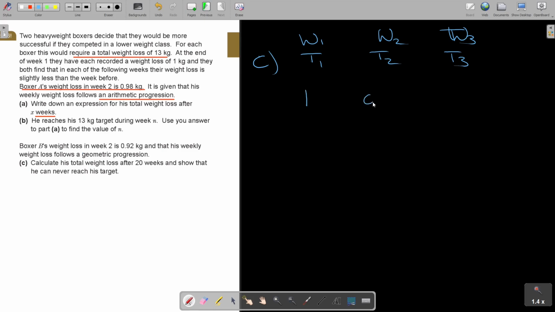So then it's 0.92, and it's a geometric progression. So if it's geometric, I know to get that value of r is 0.92 divided by 1, it's 0.92. I just wanted to show you how to continue on.